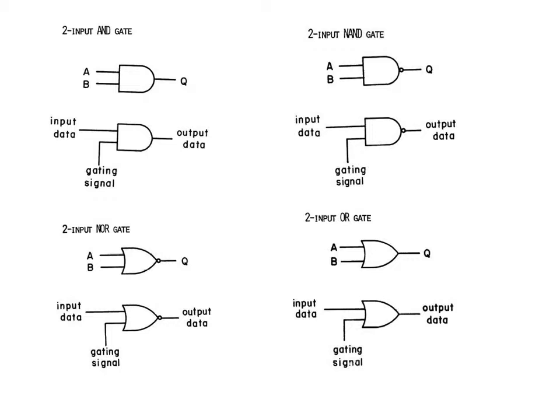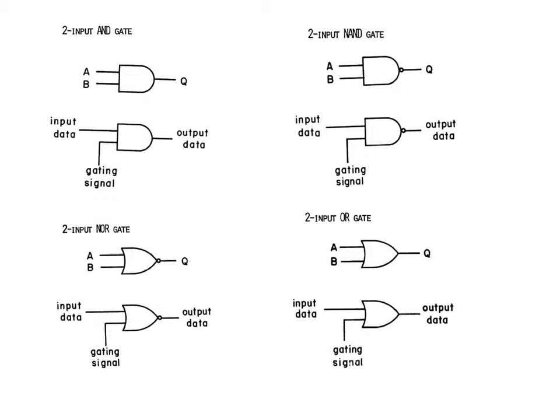And in Unit 2, I talked about a 2 input gate as one that had the ability to control input data and output it as it passes through the gate. So I called Unit 2, I forget, perhaps gated circuits.